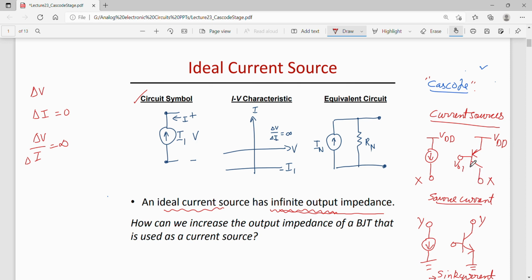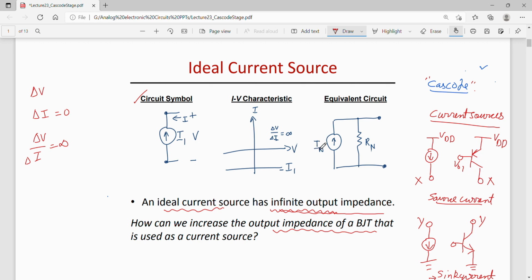And for making them ideal, I need to ensure that the output impedance is infinite. So how to make the output impedance of a BJT infinite, so that it can be used as an ideal current source?